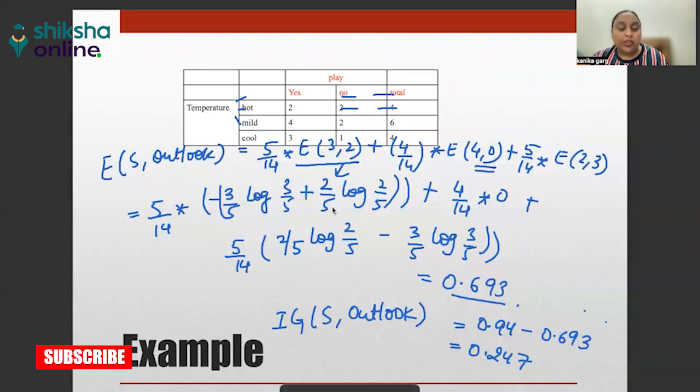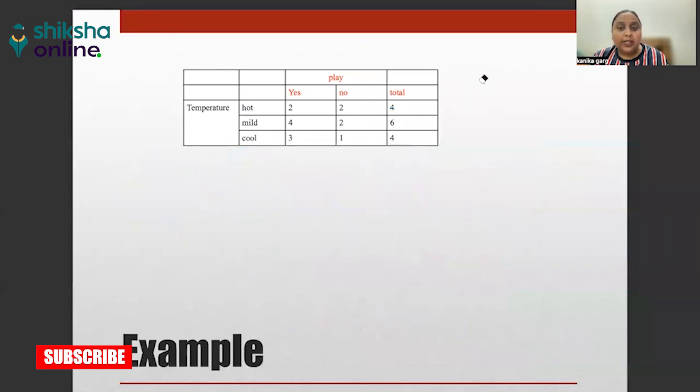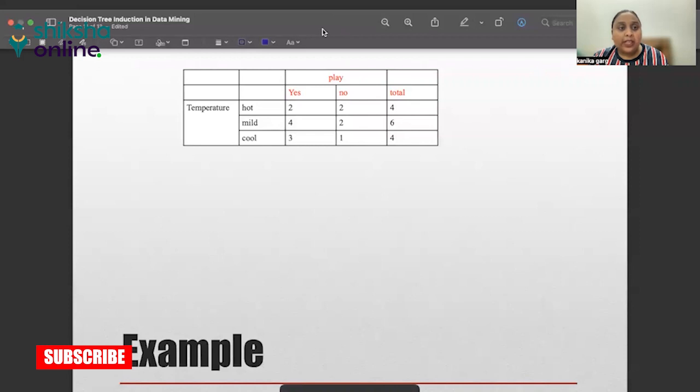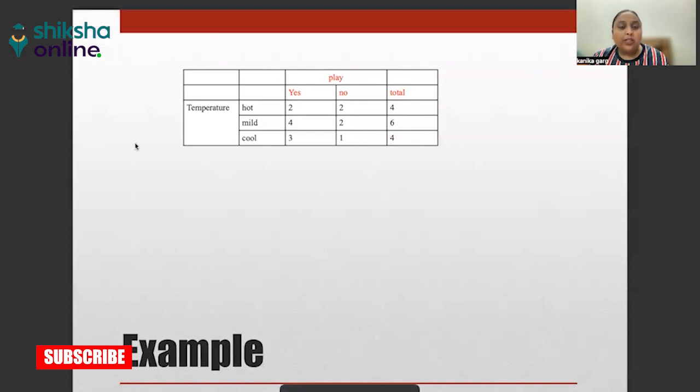So this is still for the outlook. The same thing you can calculate for the temperature, and this will give you some values. And then finally, you will choose the root node which has the maximum information gain.